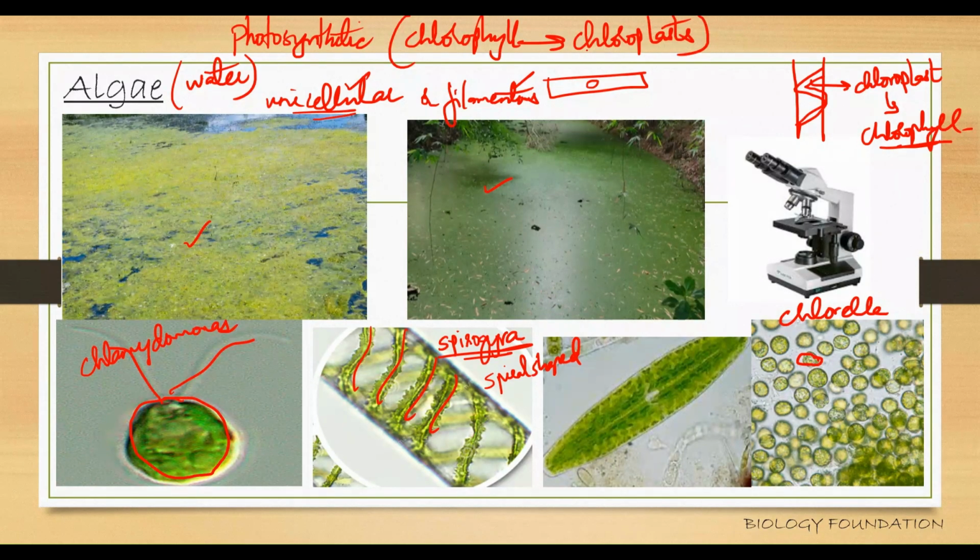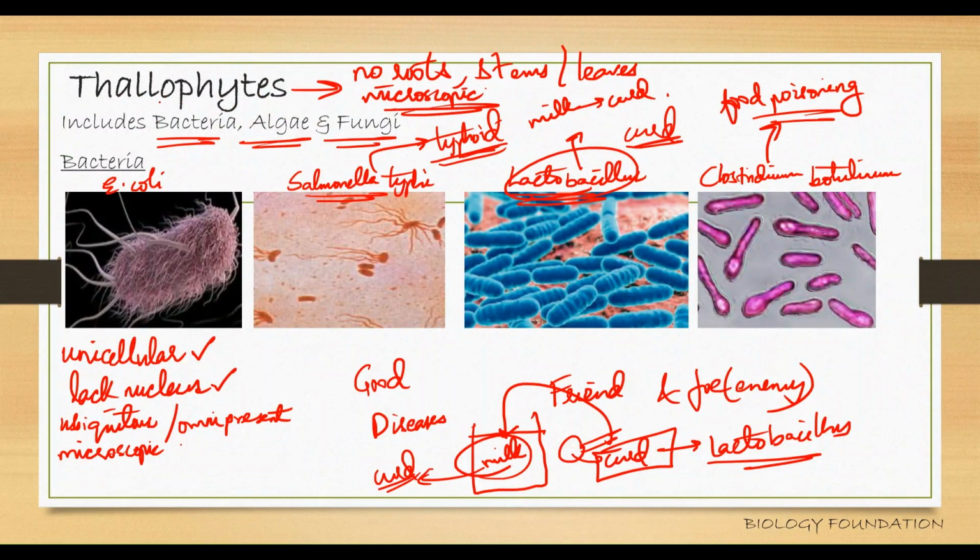And what is the shape of the chloroplast in Spirogyra? It is spiral shaped. In Chlamydomonas, the chloroplast is cup shaped. So algae come under the division Thallophyta. We discussed bacteria and we discussed algae. Now let's discuss fungi.